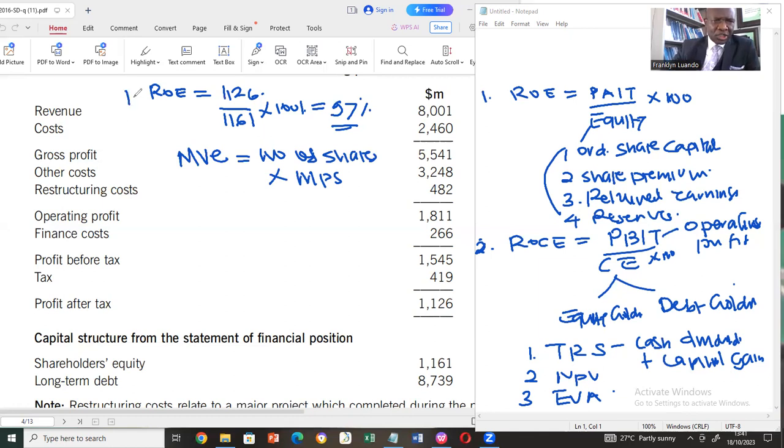Number two, we can also measure return on capital employed, which is equal to profit before interest and tax. In this case, we have the operating profit, which is 1811, divided by the total capital, shareholders' equity plus long-term debt, 8739.